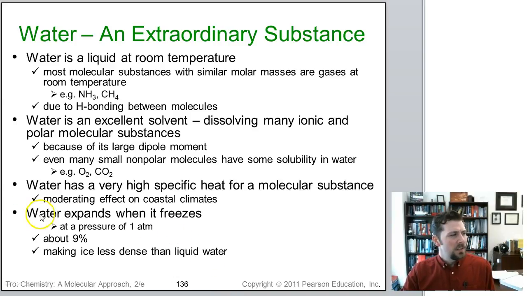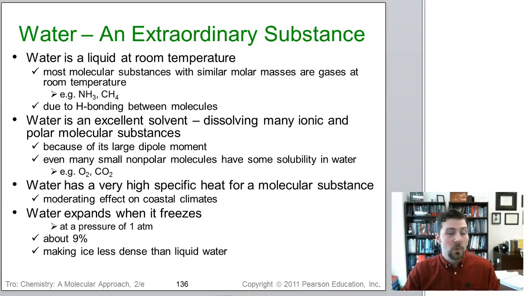Another unique thing we already touched upon is that water expands when it freezes, even at pressures of 1 atm, about 9%. That means ice is less dense than water, therefore it will float on the liquid surface. Majority, almost all substances do not do that.